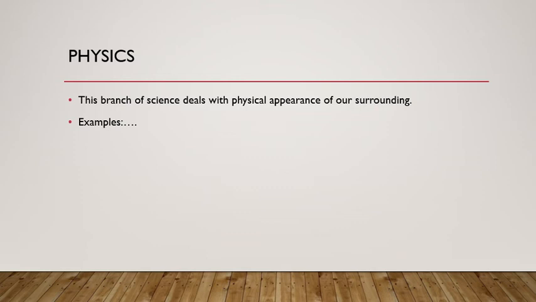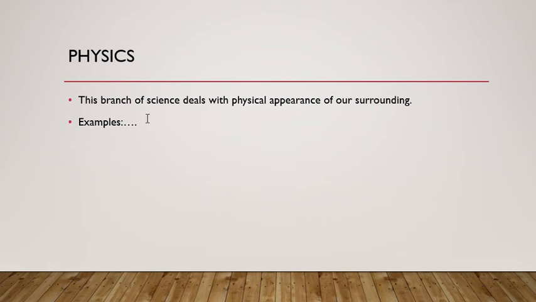I mean, some of those things are at rest, or some are in motion at the same time. Simply, they have different types of appearance within our surrounding. Like a moving bus has its own appearance, and a person sitting on a bench has its own appearance. Simply, physics deals with those things, the simple and actual appearance of our surrounding.